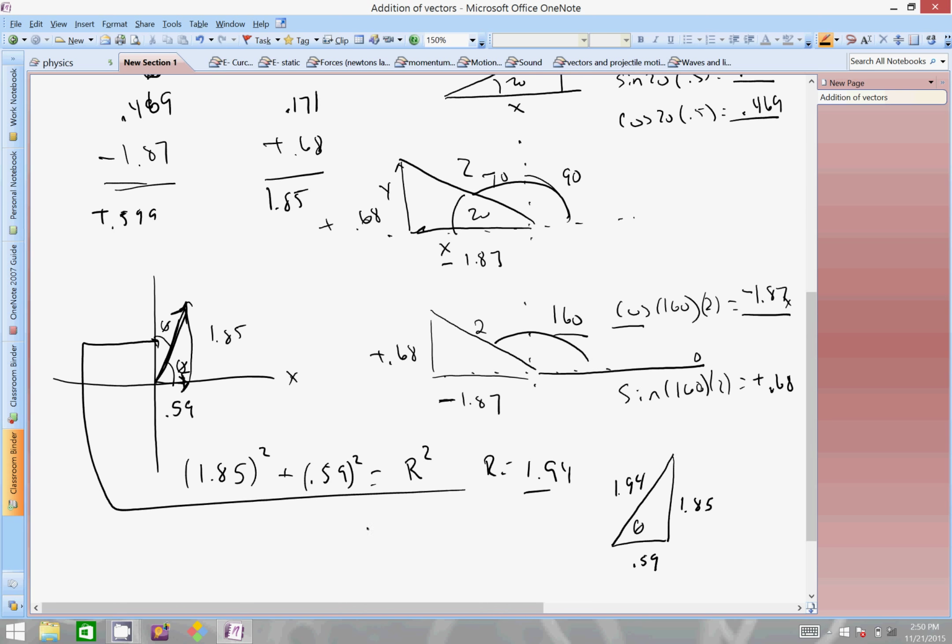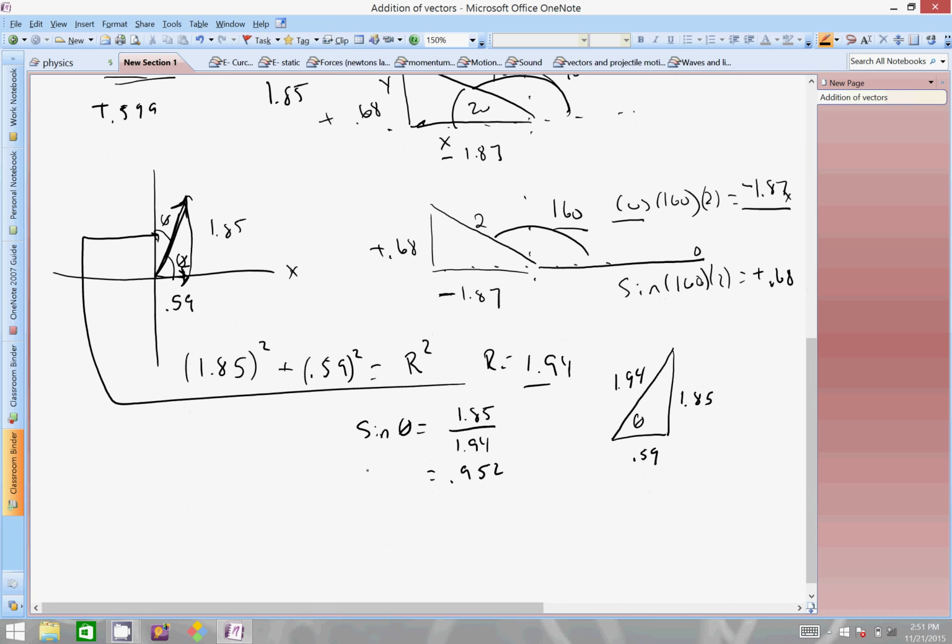Let's go with the sine function. Sine of the angle equals the opposite, 1.85 over 1.94, and 1.85 divided by that 1.94 is 0.952, and then of course I want inverse sine to expose the actual angle.